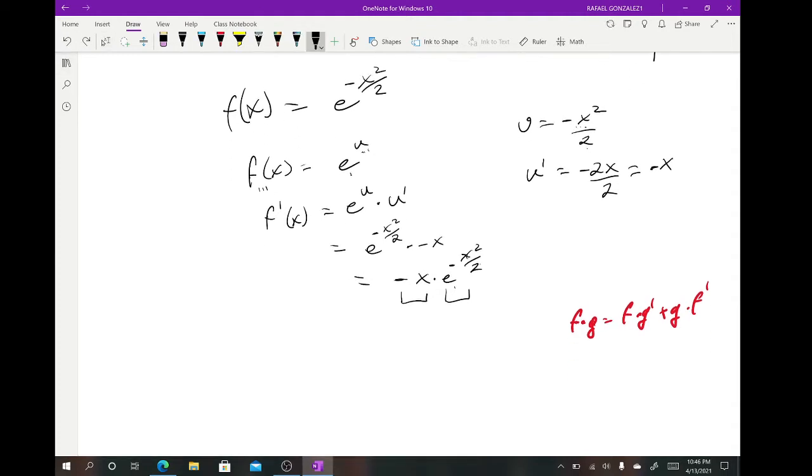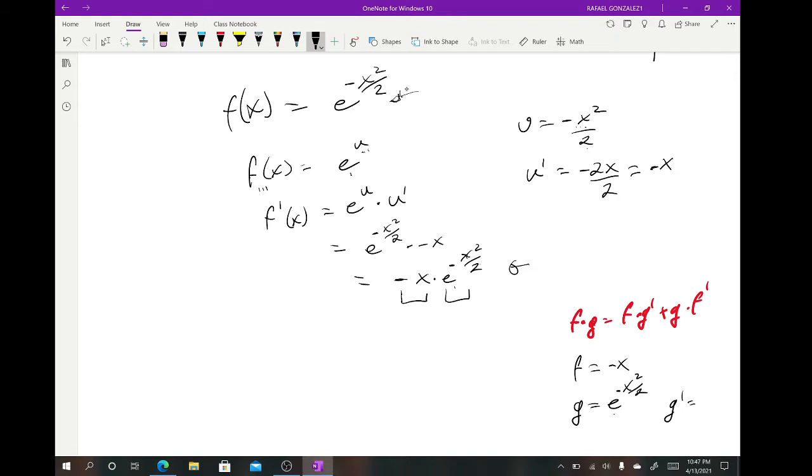In any case, let's say that f now, for this function that we're trying to find the second derivative of, is negative x. And let's say that g is e to the minus x squared over 2. Well, we know what g prime is. Why do we know what g prime is? Because we did it up here. Oh, I'm lying. It's the same thing as f prime, because notice we're taking the derivative of e to the negative x squared over 2, which is what we began with up here.